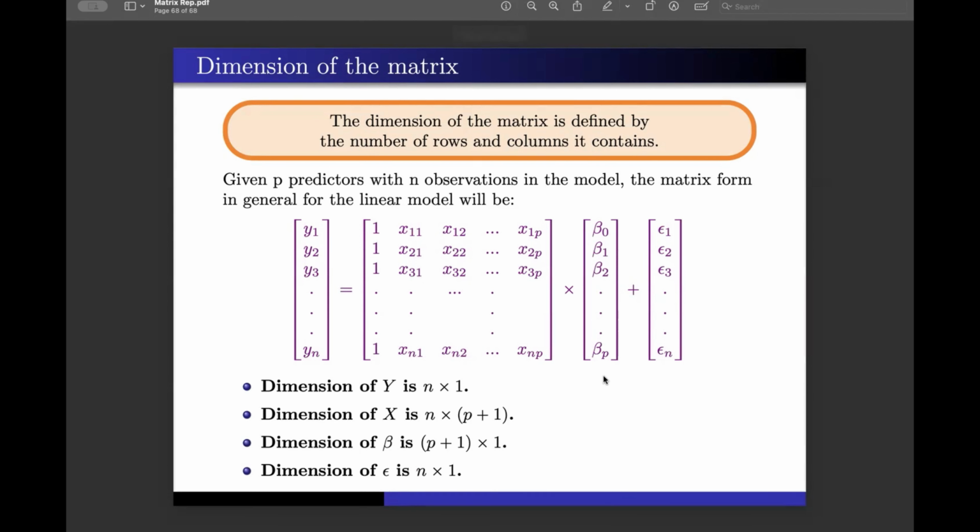And the dimension of the error matrix would be n cross 1, because we have an error corresponding to each observation, and thus we end up getting n rows, one for each ei error term with respect to each observation, cross one column. We just have one column over here. So the dimension of the error matrix is n cross 1.